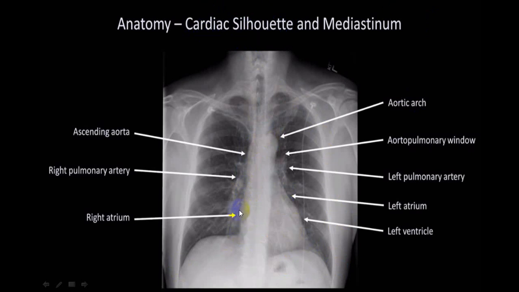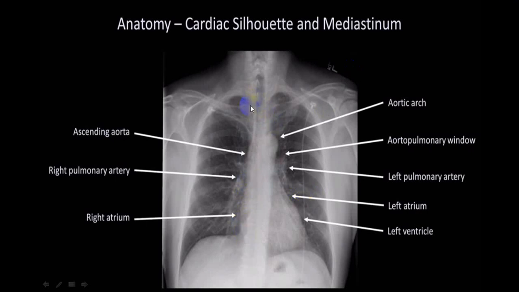Now, suppose there is any structure which is close by, and it is also radio-opaque, and it overlaps, then this border and the border of the structure which is producing opacity will be overlapping each other, so you will not be able to make out the border of that particular shadow, and this is called Silhouette sign. Ideally speaking, this is an obliteration of the Silhouette, the cardiac Silhouette. So that particular border you will not be able to identify.